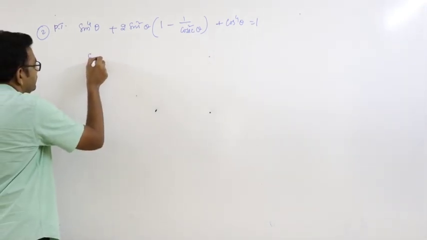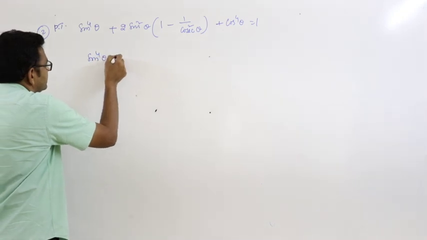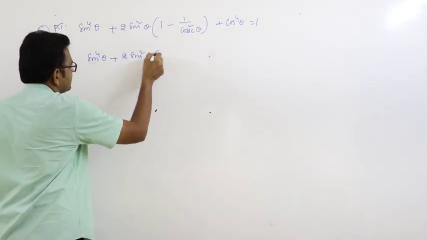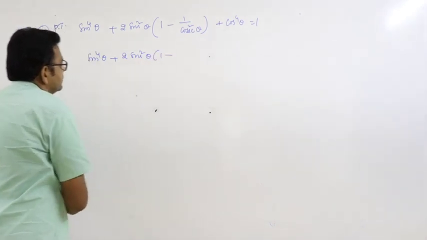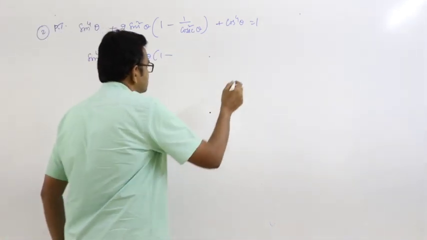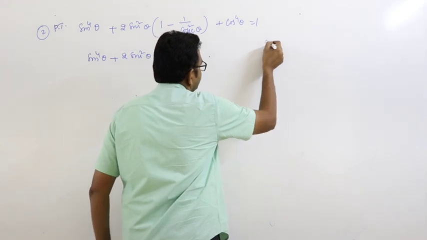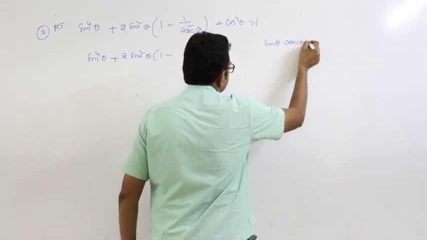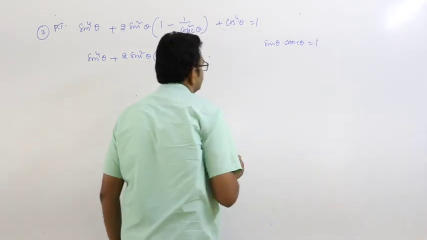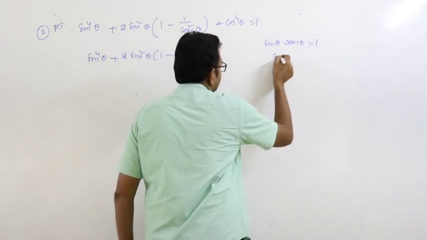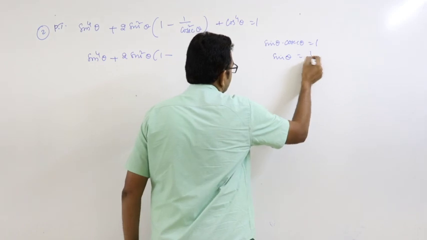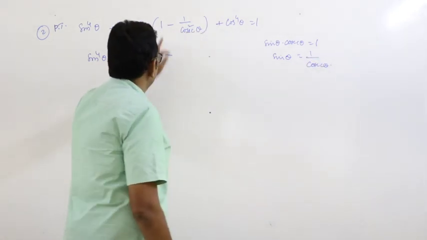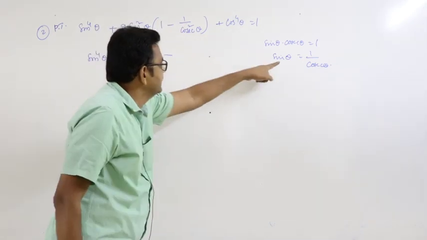This is sin power 4 theta plus 2 sin square theta 1 minus, so sin theta into cosecant theta is equal to 1. Sin theta is equal to 1 by cosecant theta. So 1 by cosecant theta equal to sin theta.